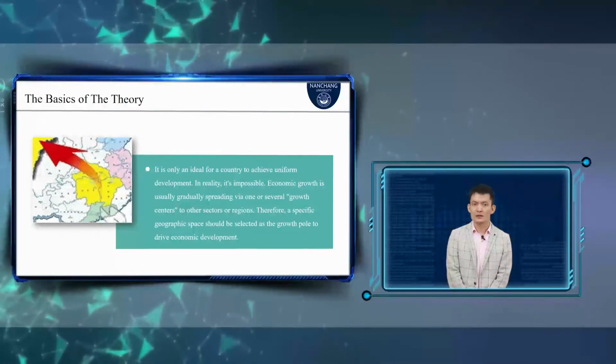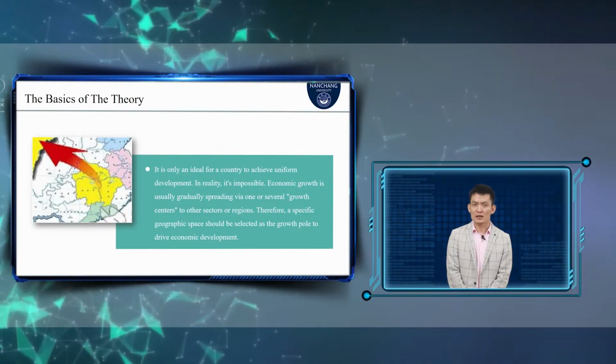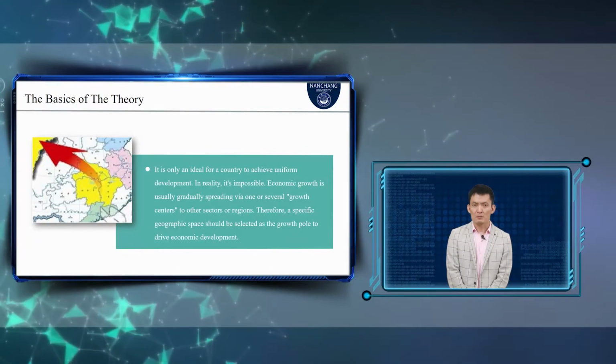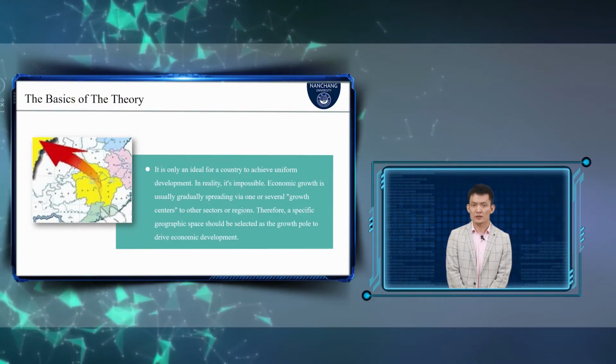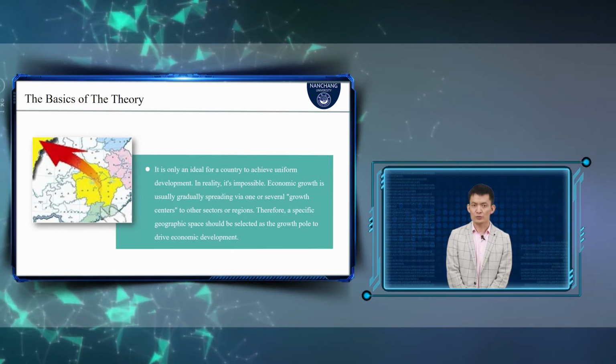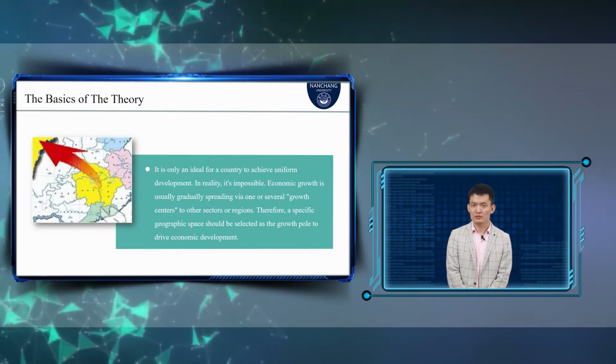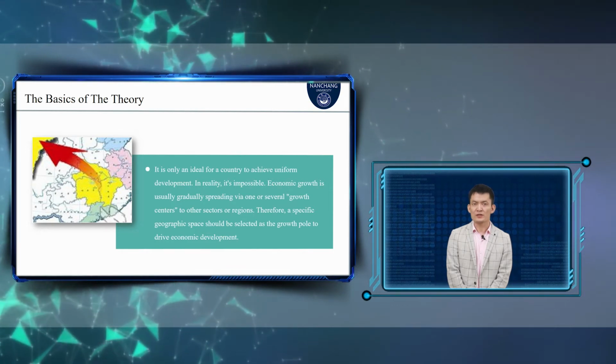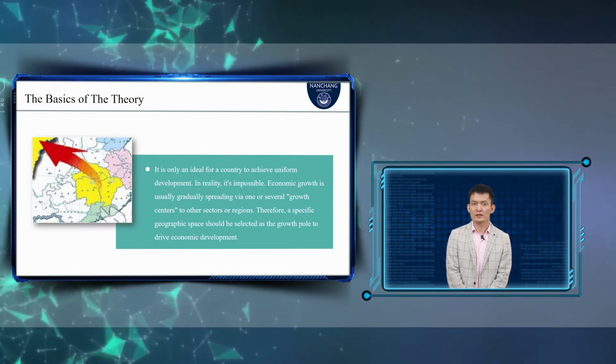In reality, it's impossible. Economic growth is usually gradually spreading via one or several growth centers to other sectors or regions. Therefore, a specific geographic space should be selected as the growth pole to drive economic development.